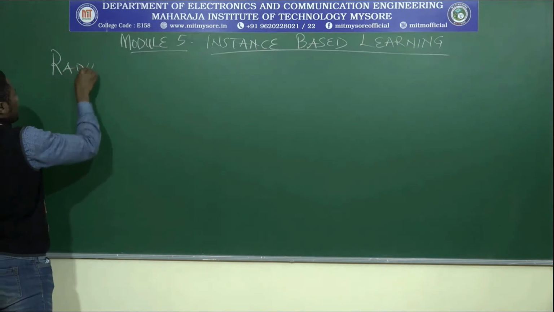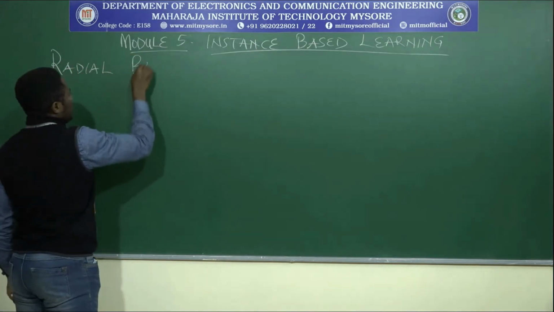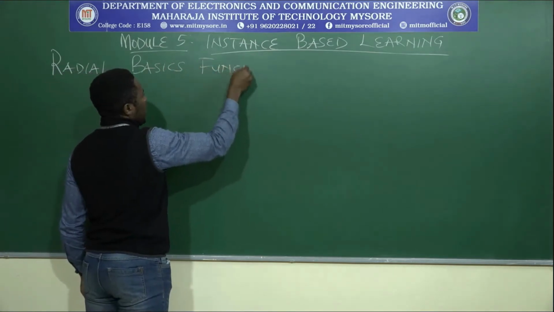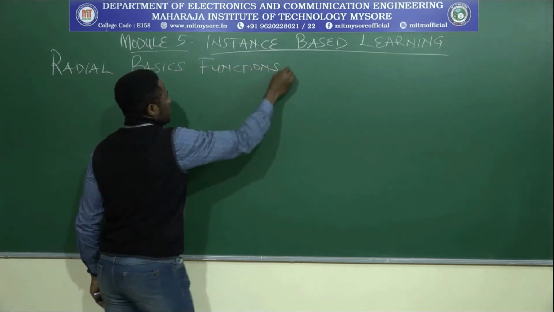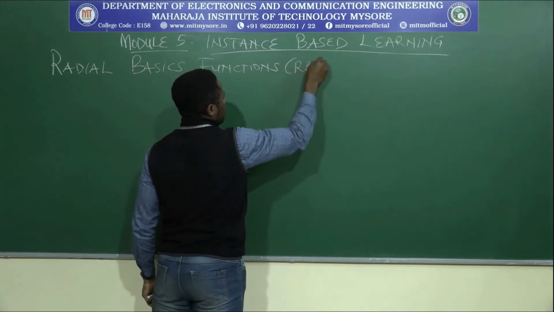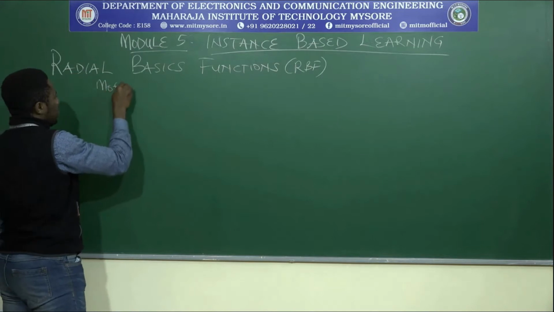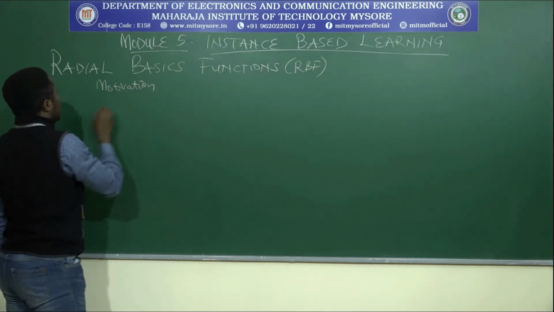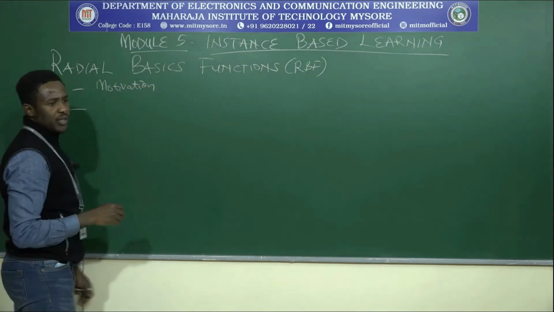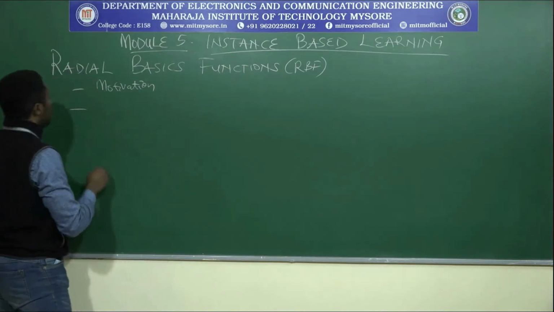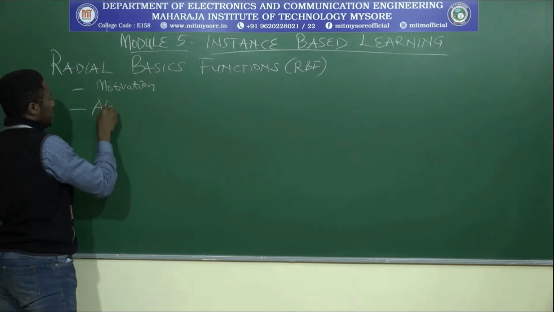So in today's class, what we'll investigate is the Radial Basis Function. Whenever you hear RBF, we use RBF for short. We look at some motivations behind this, and then some mathematical relationship, but prior to that, we see the algorithm.